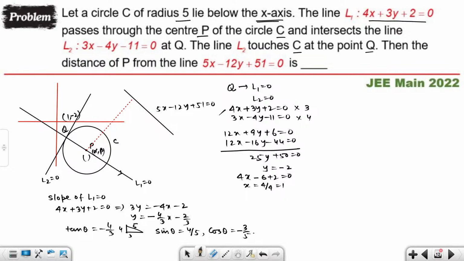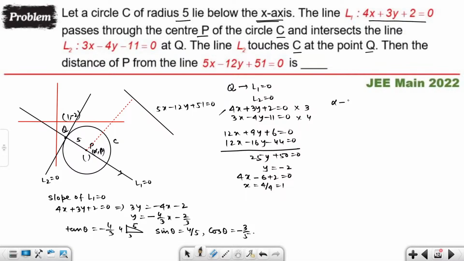Now why am I finding this? Because I want to find out the point P. We know the coordinate of Q and we know that this PQ distance is 5. So if I use the parametric form, we can easily get the coordinate of P. Okay, so let me apply the parametric form here.